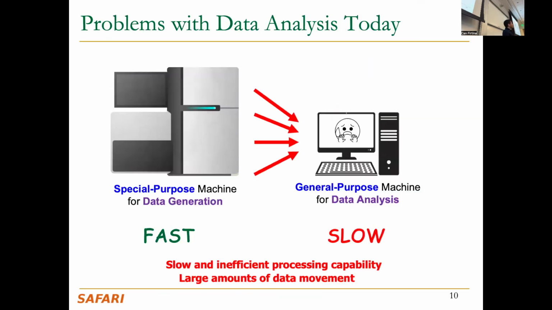The machines we use to generate this data are specialized at generating data at very high throughput, but we're trying to compute this data using general purpose machines, which usually have no idea about the pattern structure or the needs of the data, because the purpose of these machines is one size fits all, right?